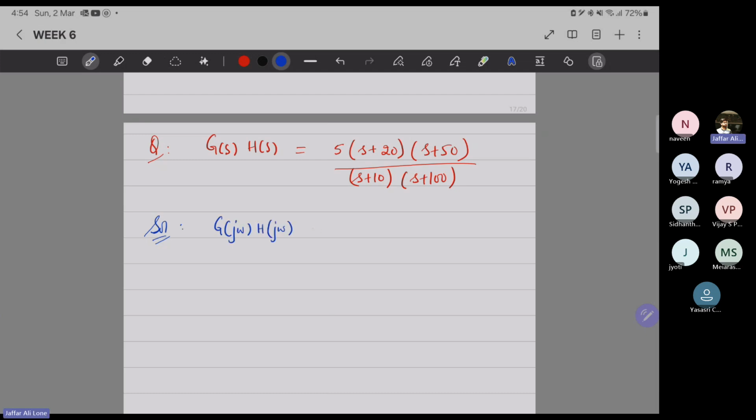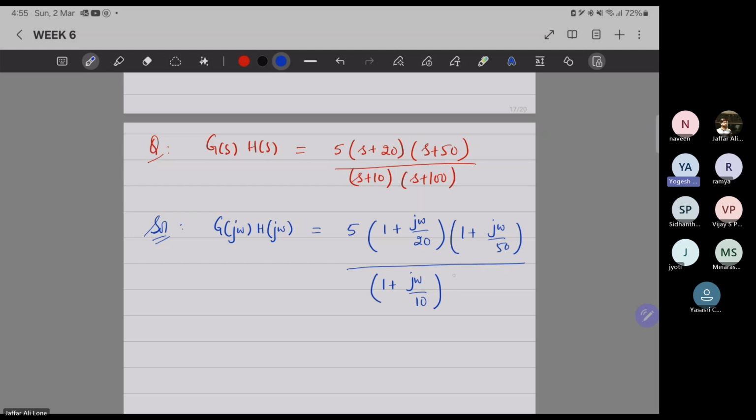So you will in general get it like this: 5 into (1 plus j omega by 20) into (1 plus j omega by 50) into (1 plus j omega by 10) into (1 plus j omega by 100).